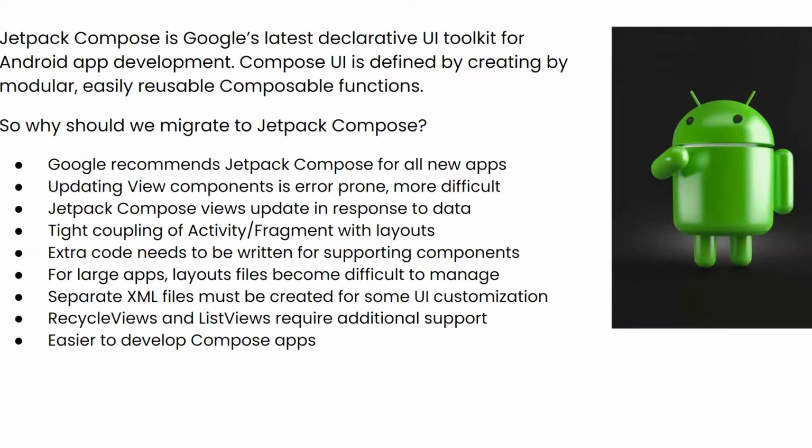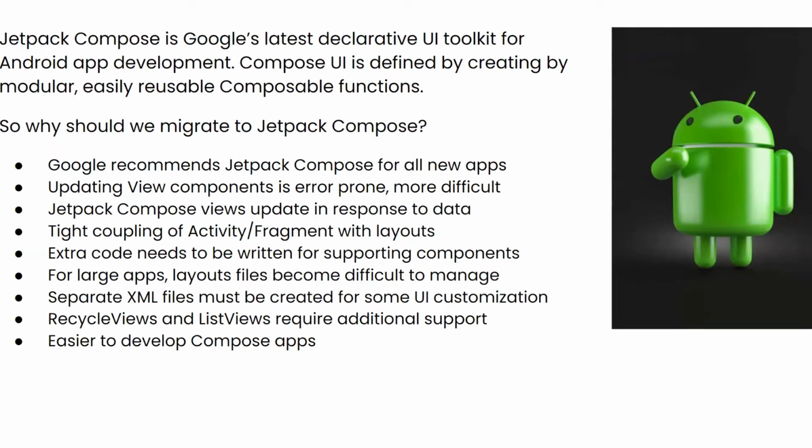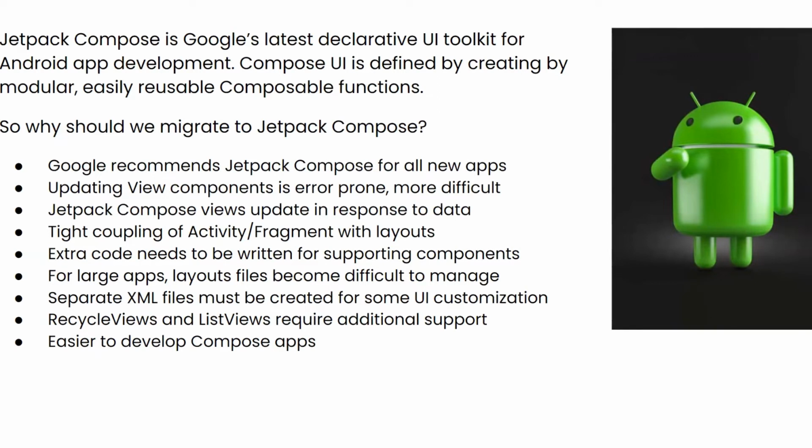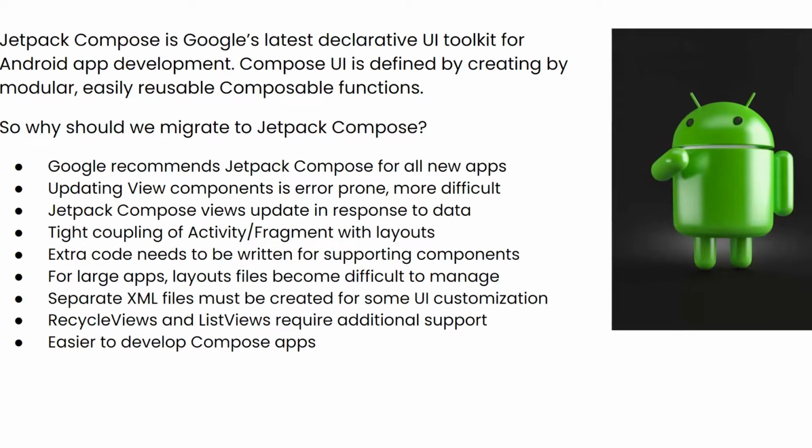Updating View components is very error prone, and it's a rather difficult process for anyone that's ever done it before, compared to Jetpack Compose. Jetpack Compose views update in response to data. So right out of the box, we get data binding that the old View system doesn't really provide us with. Tight coupling of activities and fragments within our layouts tends to occur quite often when we're using the View system, and we're having to manually update data on the fly in response to changes that we may receive from our view models.